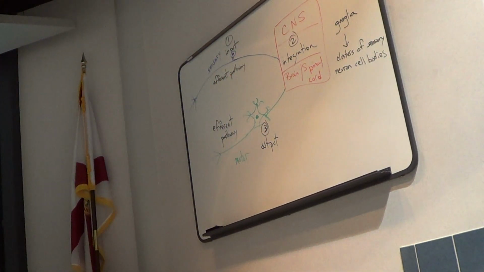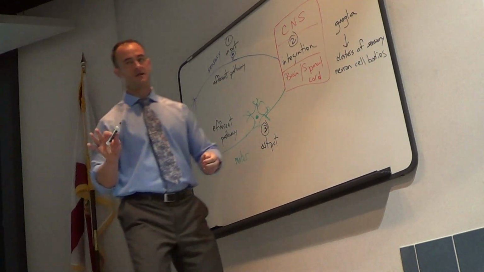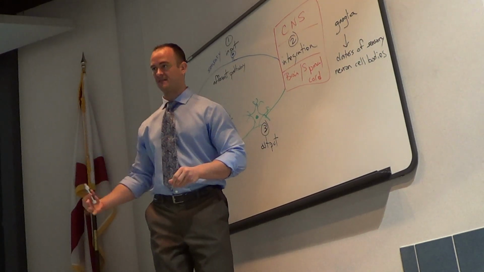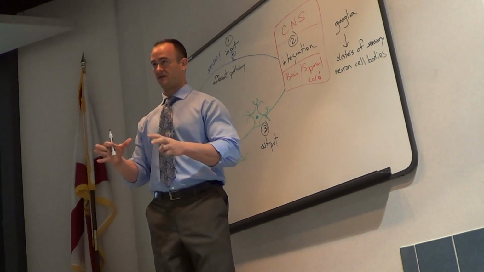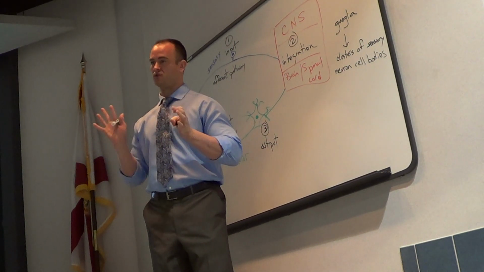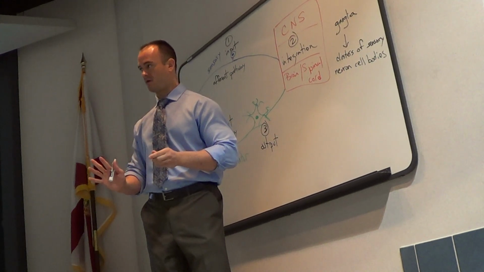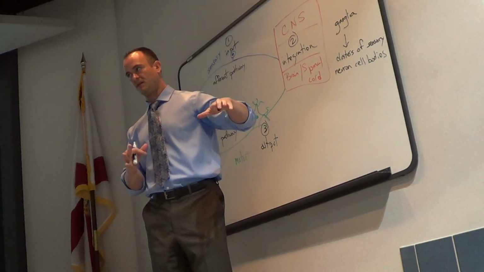Okay? There are clusters of sensory neuron cell bodies. They are not located in the CNS. They are located in the PNS. And because they sit, we're going to revisit this later, so you don't have to understand the whole thing now. They sit in clusters on the dorsal part of the spinal cord, outside of it.